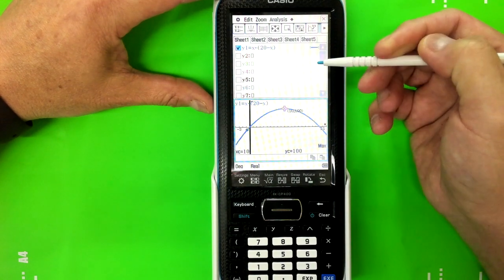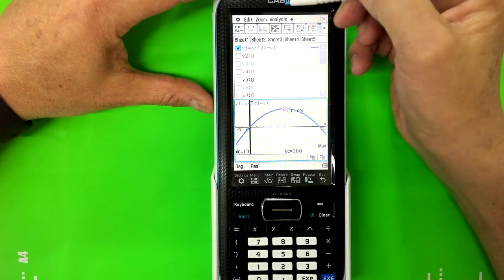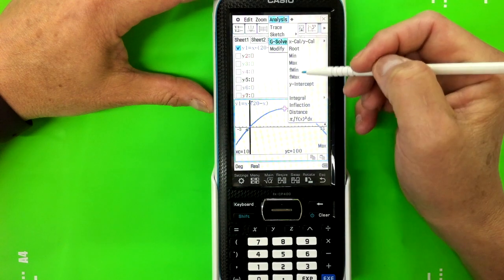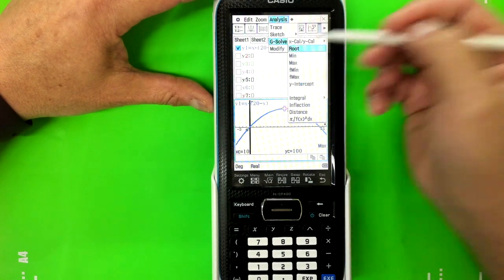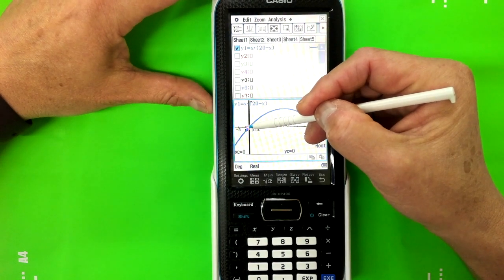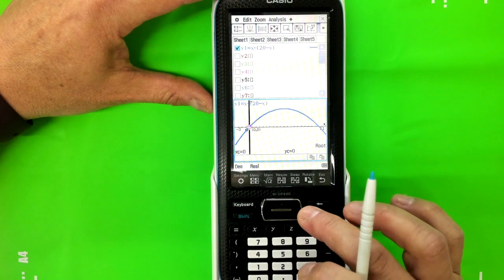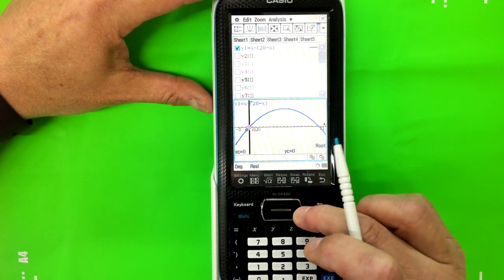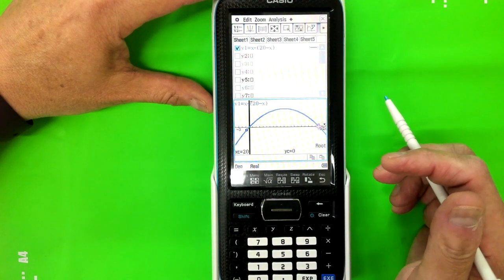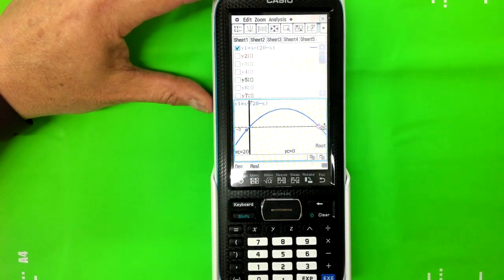If you want to find the intercept, you can go to Analysis, GSolve, and Root. It will find the first root, which is 0, 0. And then for the next one, just use your cursor. It will tell you the other root. All right, that is how you use your ClassPad to solve this problem.